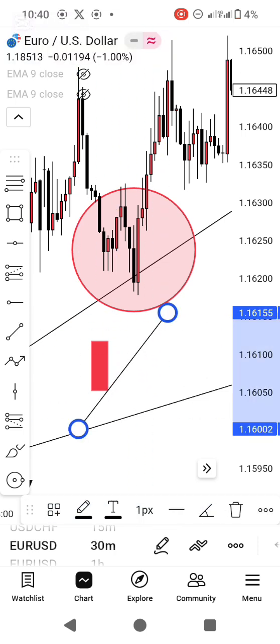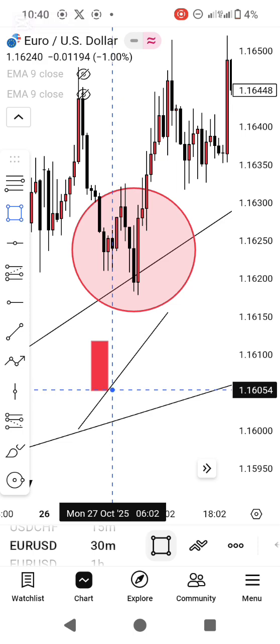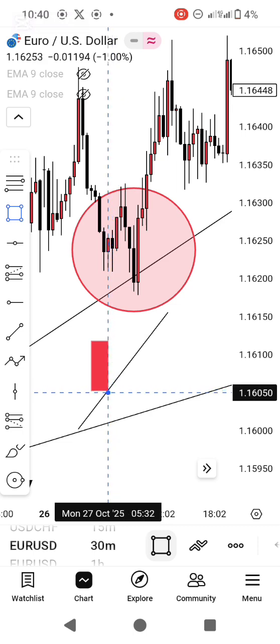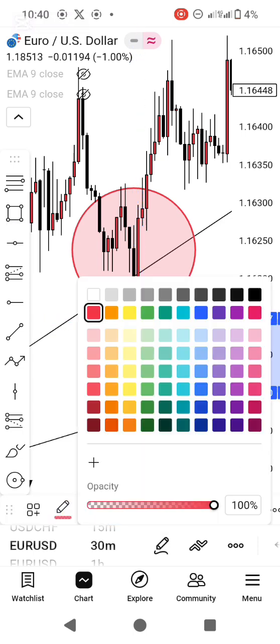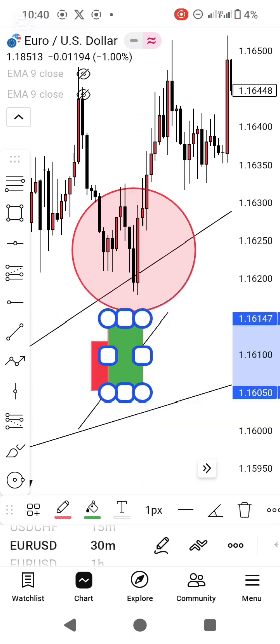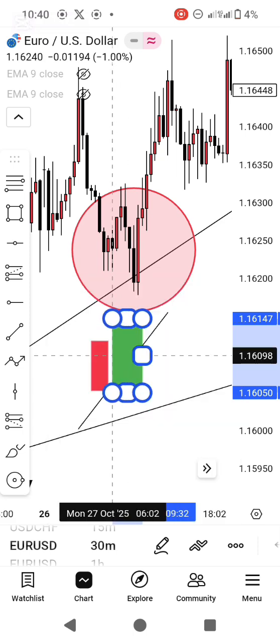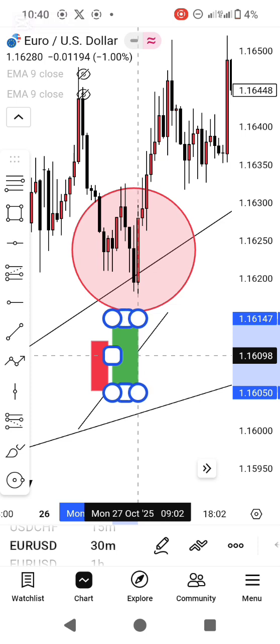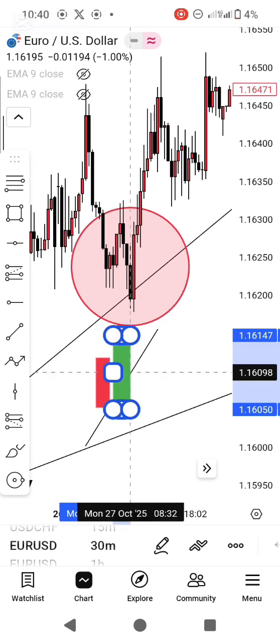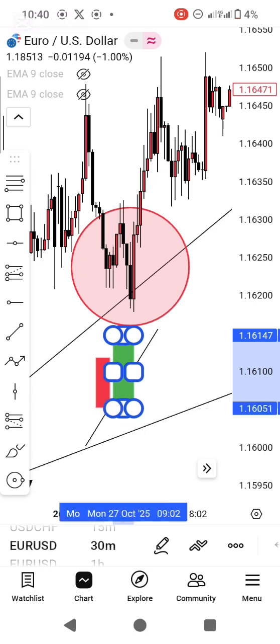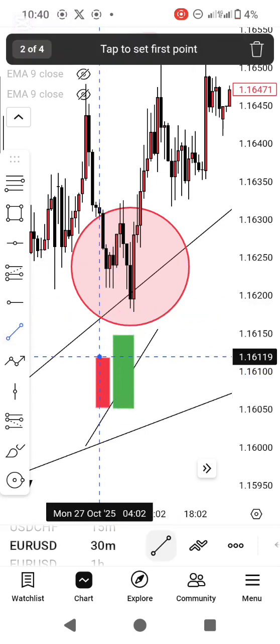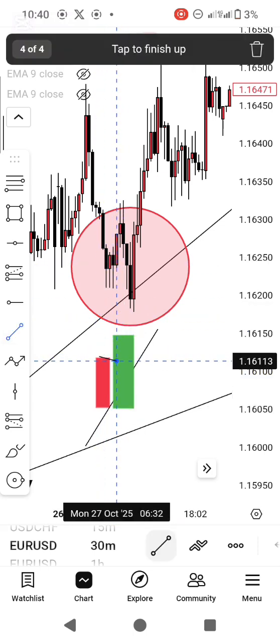You want to see a bullish candle opening and closing above the bearish candle. What this simply means from a price action point of view is that the buying volume has overpowered the selling volume and closed above this red candle.